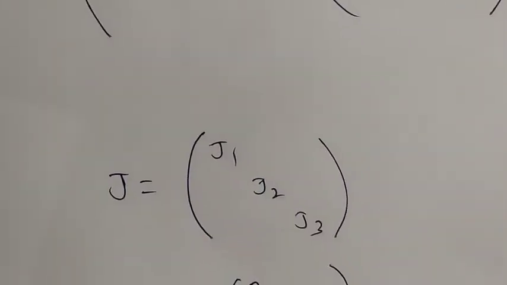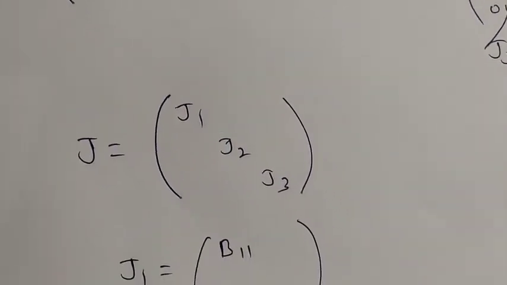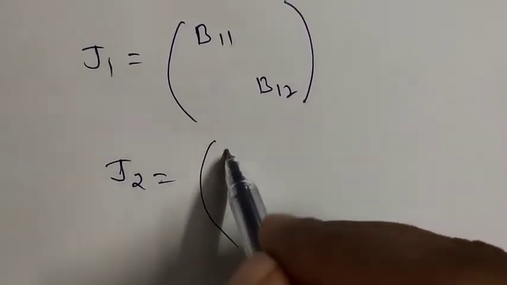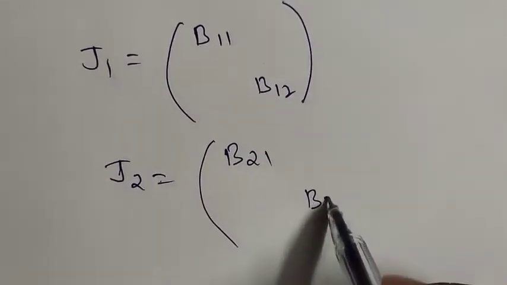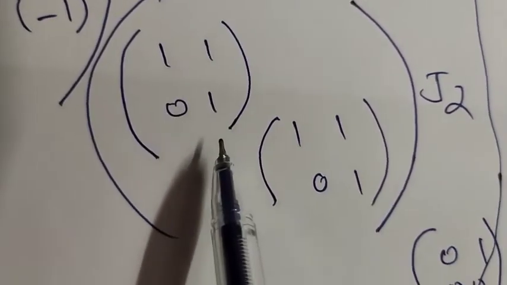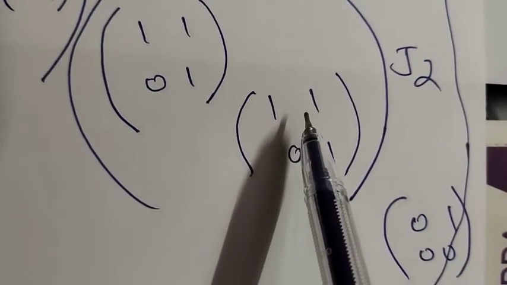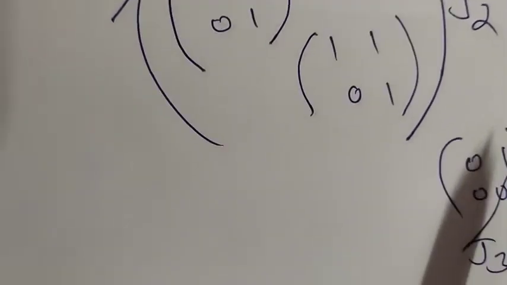Next, J2. J2 is B21, B22. B21 is 1 1 0 0, 1 1 0 1, and B22 is 1 1 0 1 again.